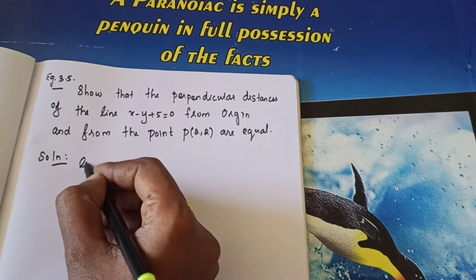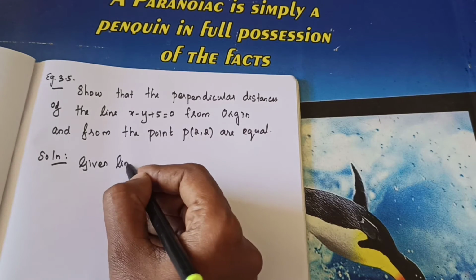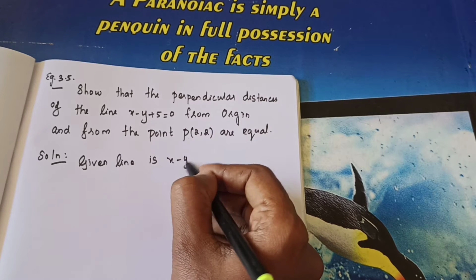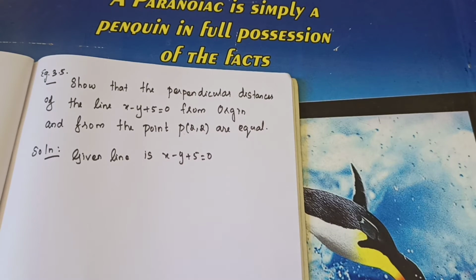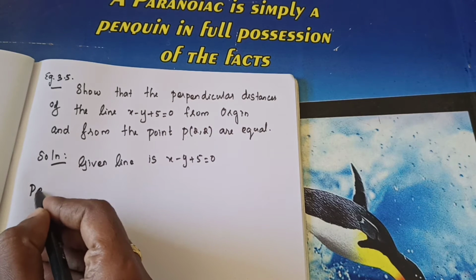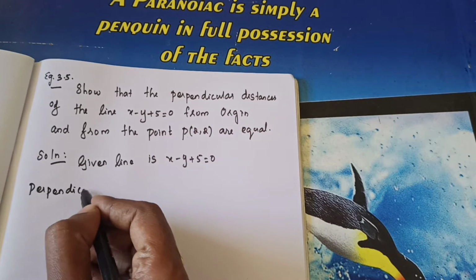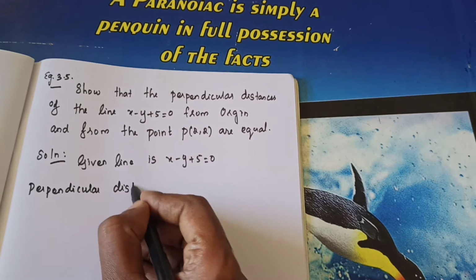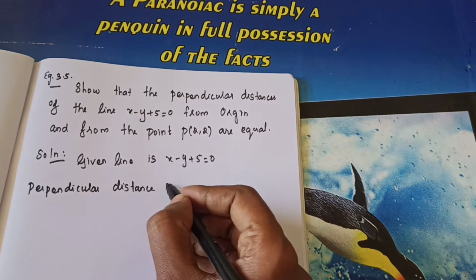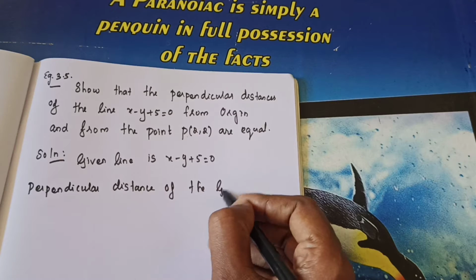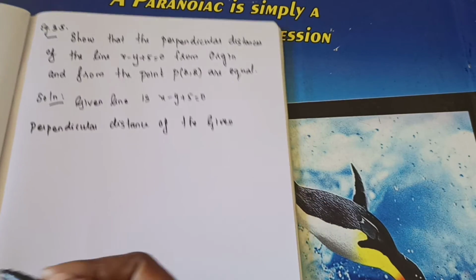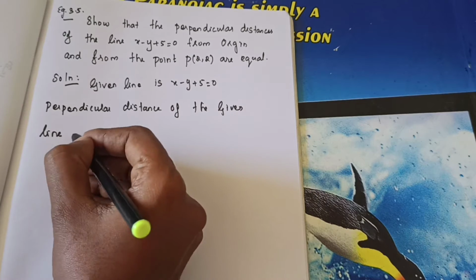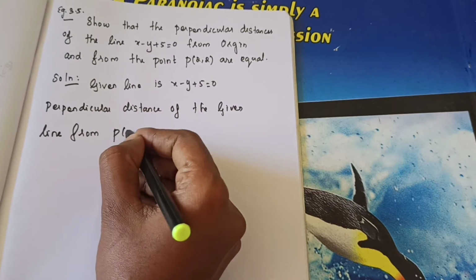Solution. Given line is x minus y plus 5 is equal to 0. First we will find the perpendicular distance of the given line from the point P of 2 comma 2.